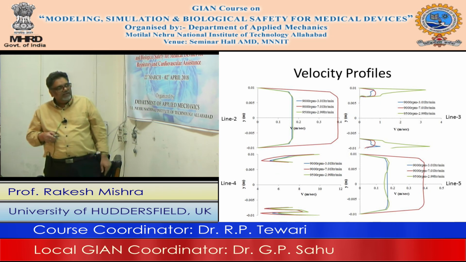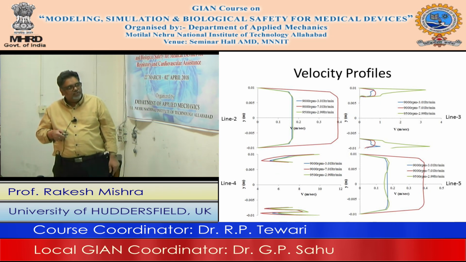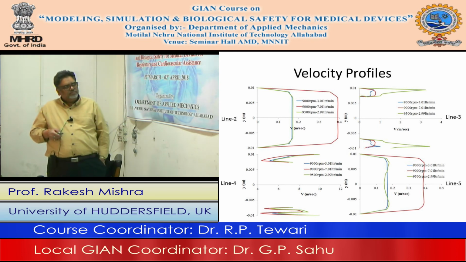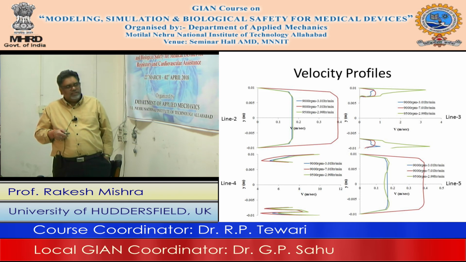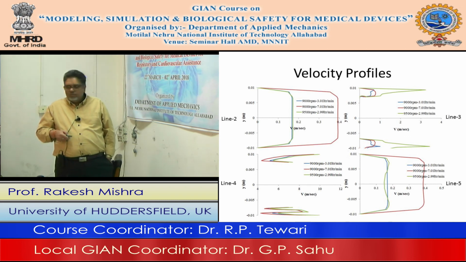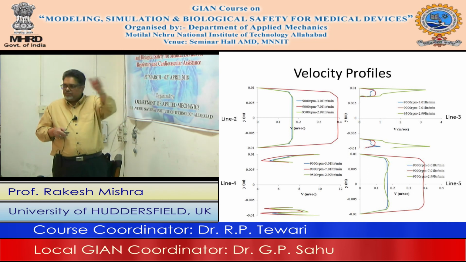At the exit again, you can see the velocity profile has drastically changed at two different speeds and two different flow rates. You can see the flow pattern has completely changed, and this indicates not only the maximum velocity magnitude has changed, its location seems to be shifting as well. And on the two sides, we are seeing two different patterns. Why? Because the helix pattern is not the same.